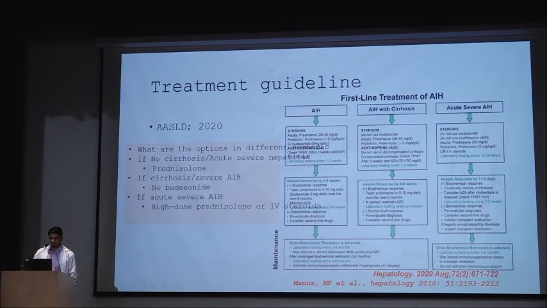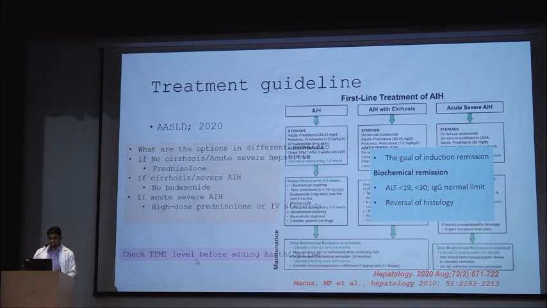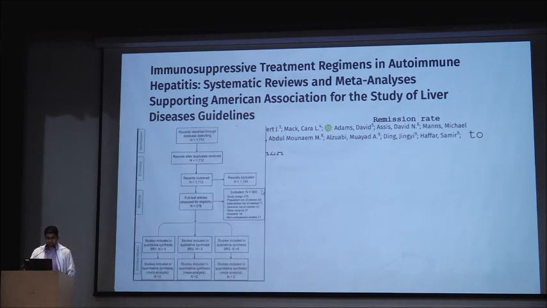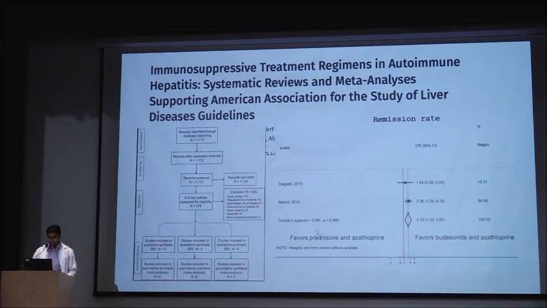Similarly, budesonide and azathioprine are not recommended in patients with acute severe autoimmune hepatitis. As per the AASLD guideline, we should check TPMT levels before adding azathioprine after 2 weeks of starting the steroids.